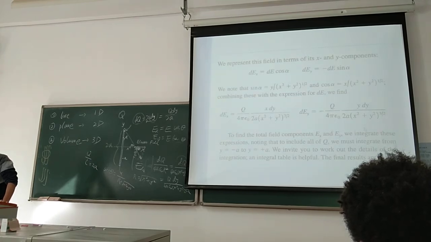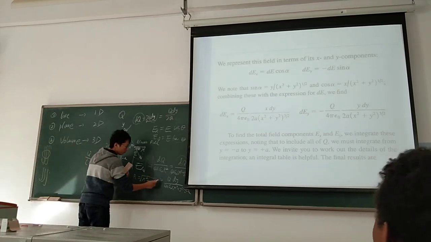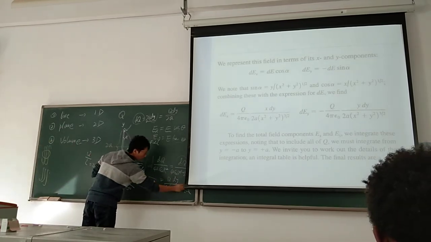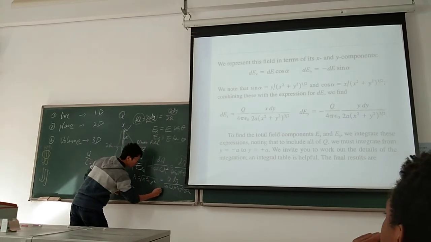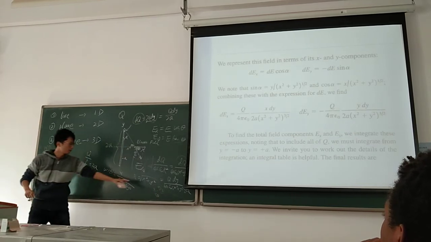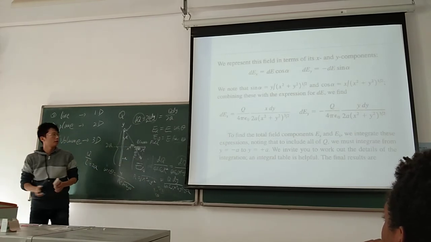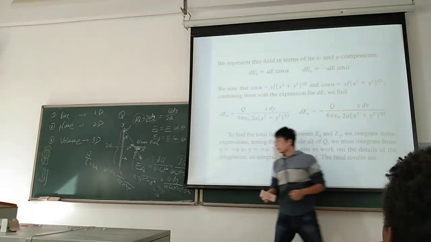No matter how complex it is, it began from here, just 2 times another cosine theta and sine theta, and the cosine theta and sine theta can be represented by these two things respectively.